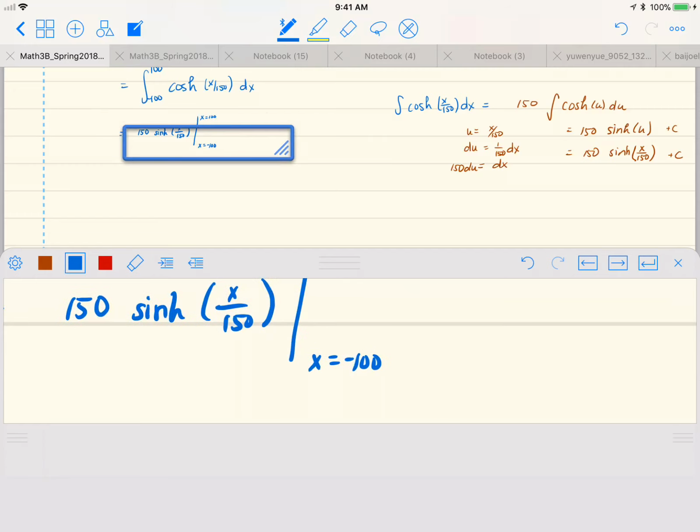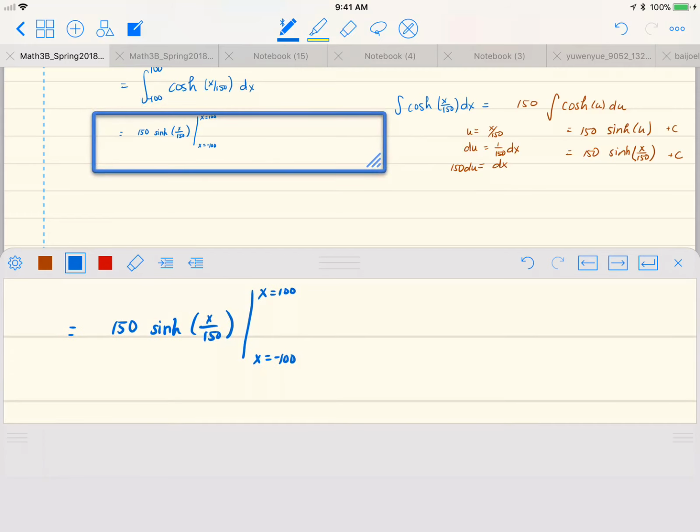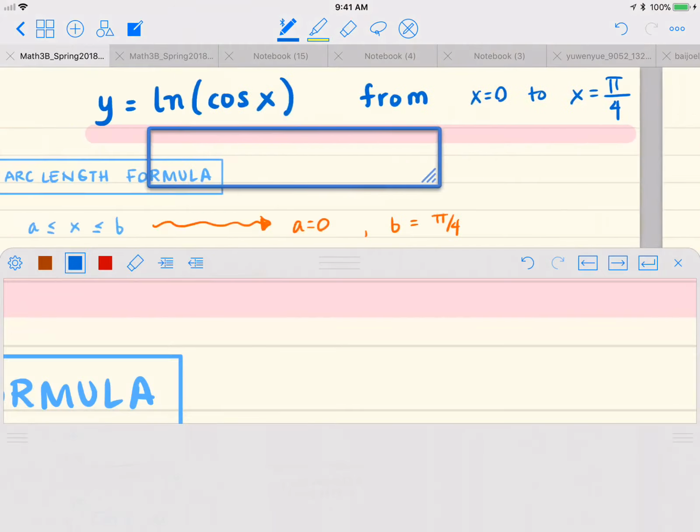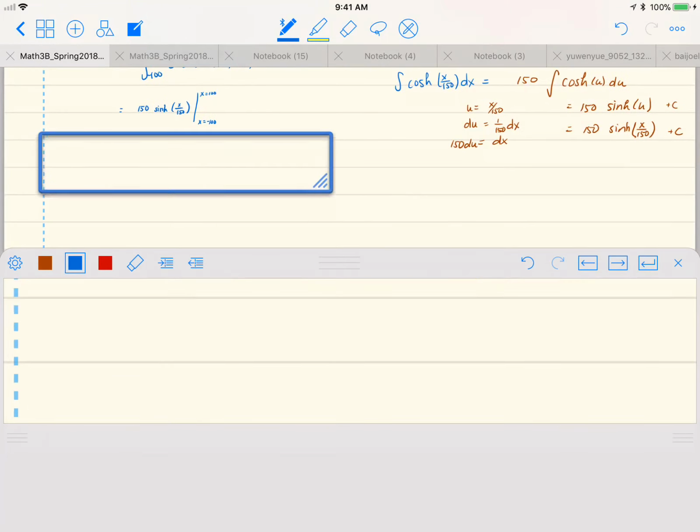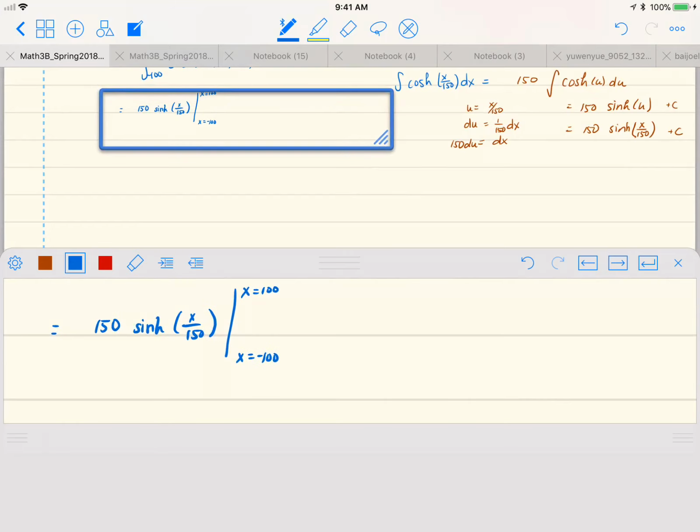Okay, so this is going to be 150 times sinh of 100 over 150 minus sinh of negative 100 over 150.